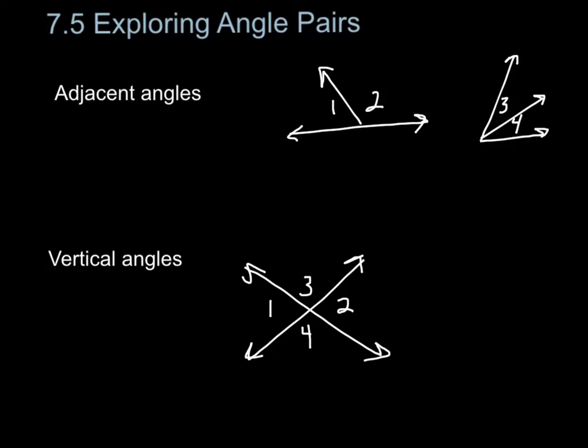Something that the book does not tell you in this definition is that vertical angles are congruent. So I do want you to write that down. For example, angle 1 and angle 2, they are congruent. Angle 3 and angle 4 are congruent. They are across from each other. They are vertical angles.